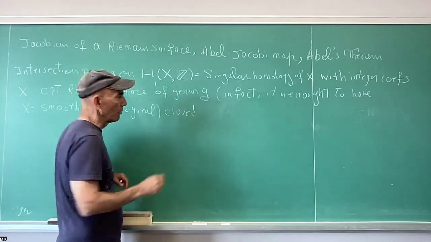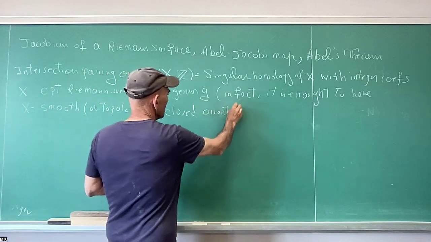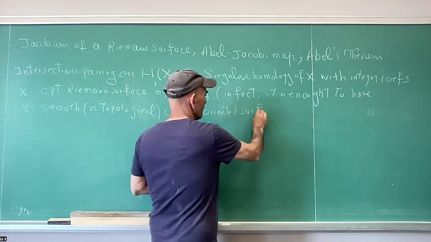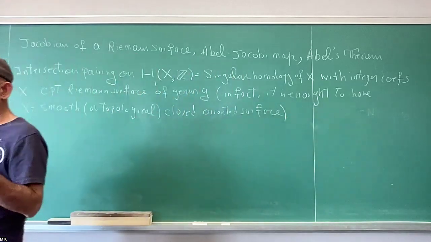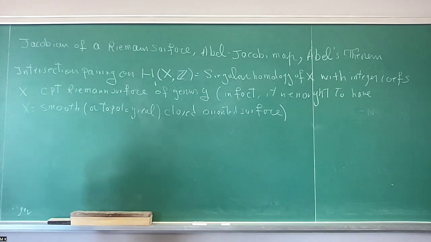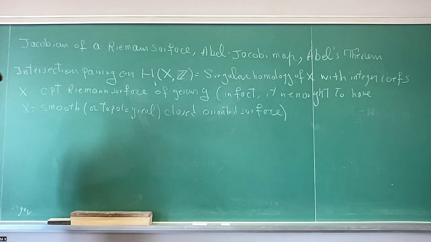That's it. Just a topological object, a closed oriented surface. For now, it's enough to have just those properties. I won't use the complex structure on the Riemann surface for now.